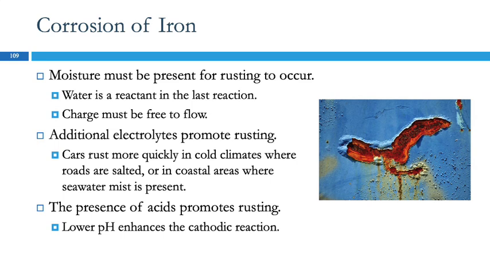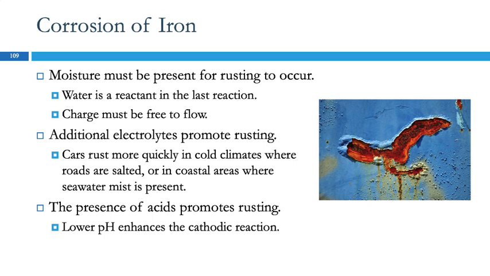If there are electrolytes like salts in the water, then the rusting occurs even better, right? So I grew up in the Midwest where they salt the roads in the winter, and when you drive your car, the salt gets on your car, and so it's very common to see cars where the lower panels were just completely rusted through.